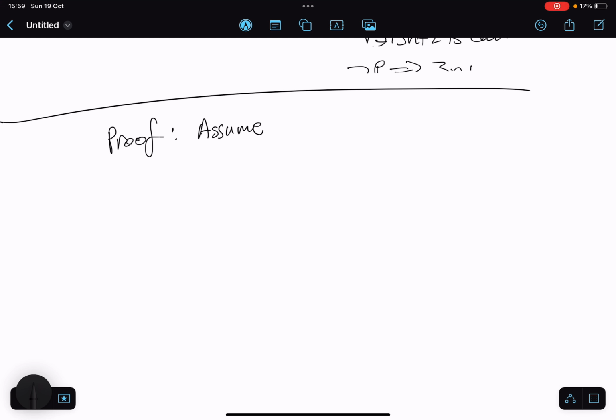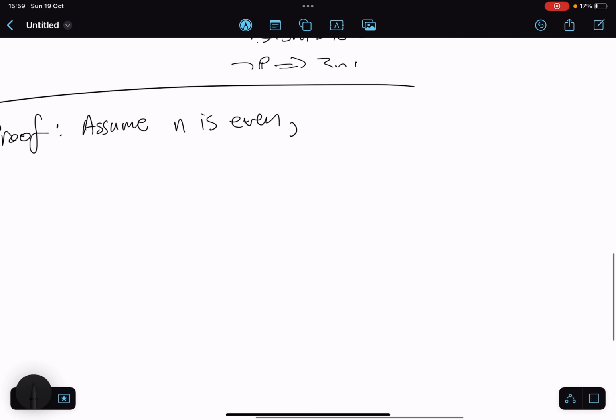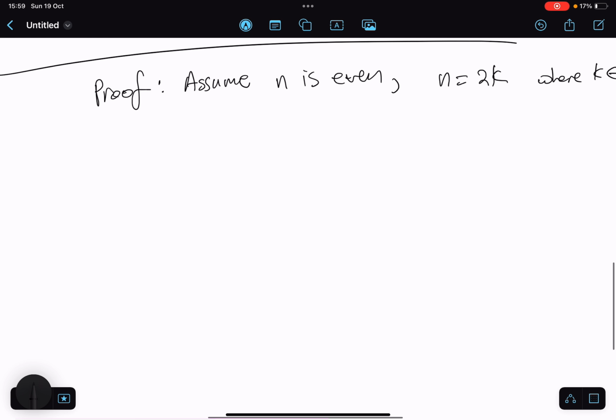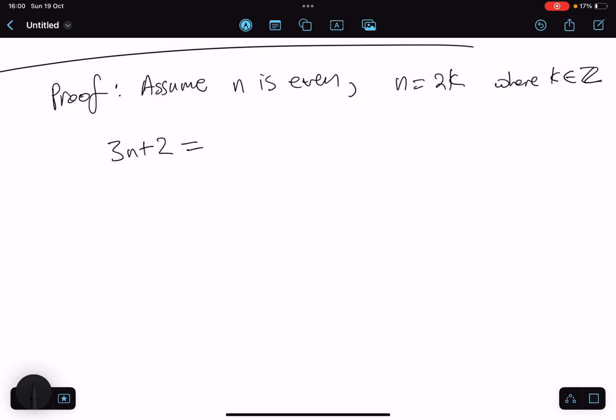So your proof will be: assume n is even, and we know that we represent an even number using 2k, where k is a member of the integers.